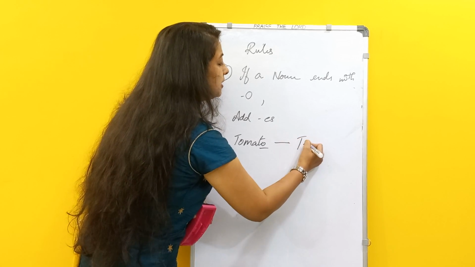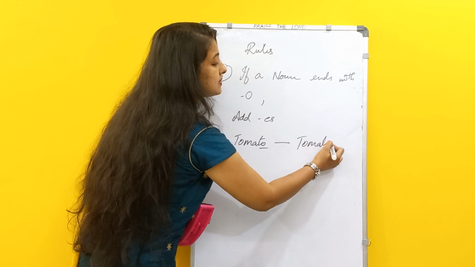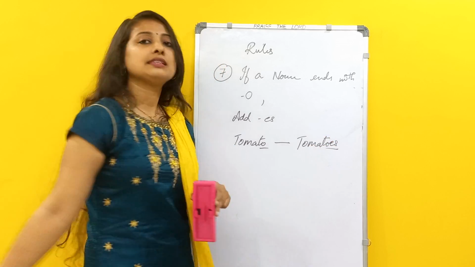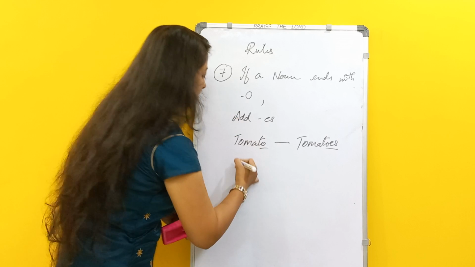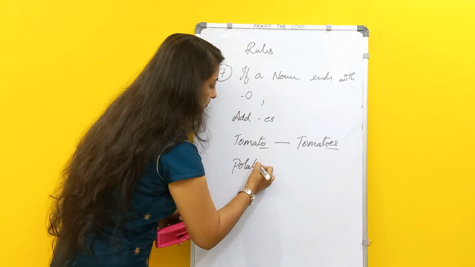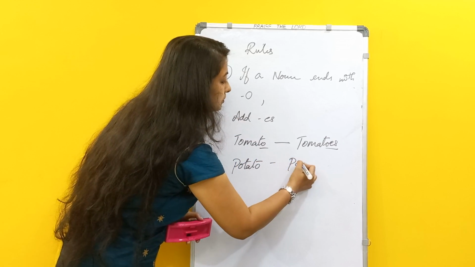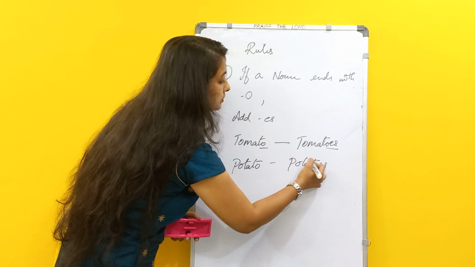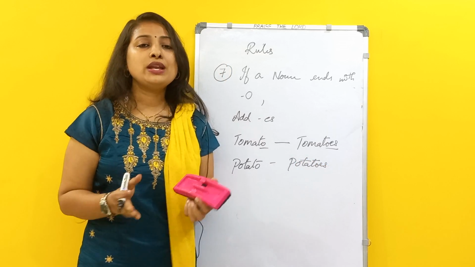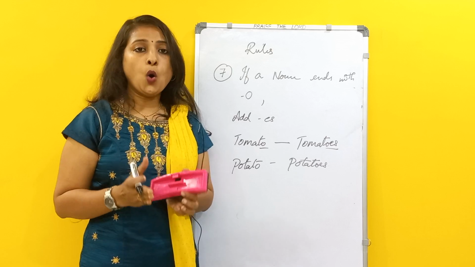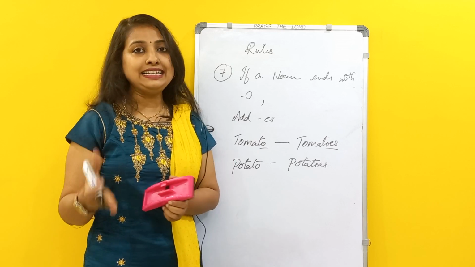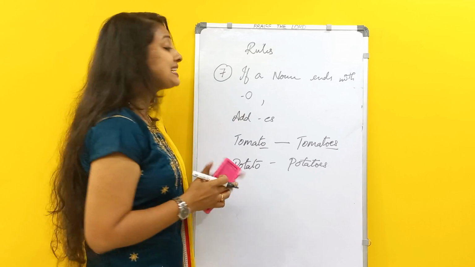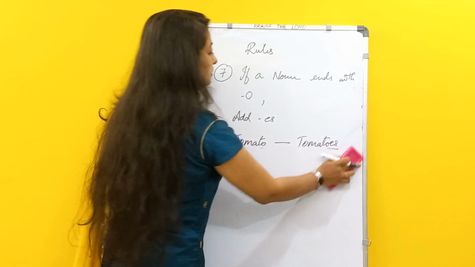The plural will become tomatoes by adding ES. Similarly, potato becomes potatoes. So you understood? Whenever a noun is ending with O, the plural will be formed by adding ES to it. There are some exceptions to this also.